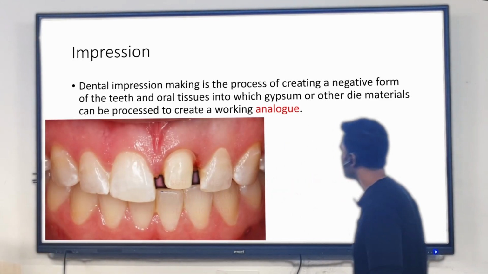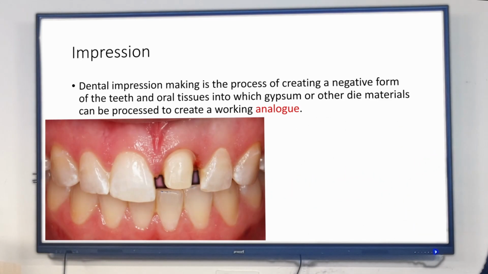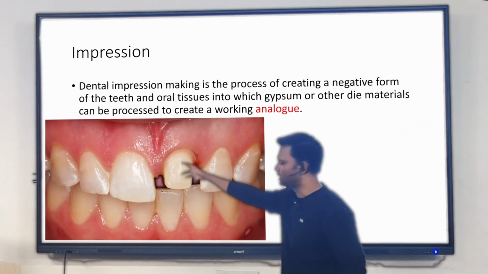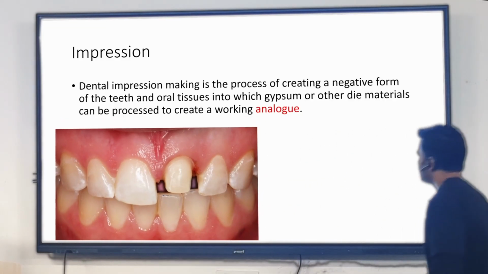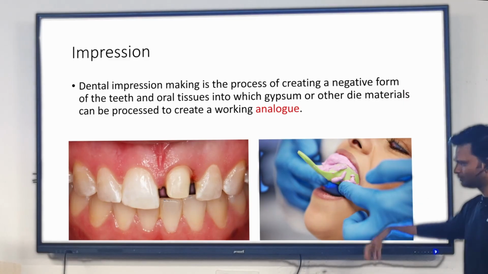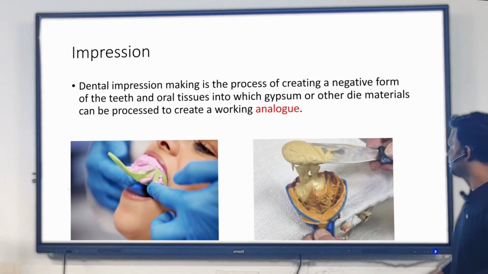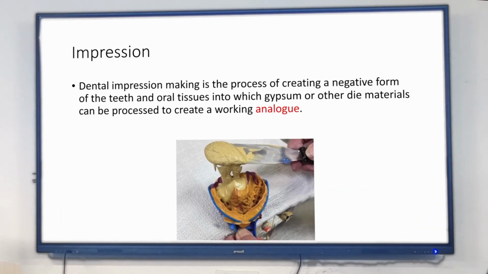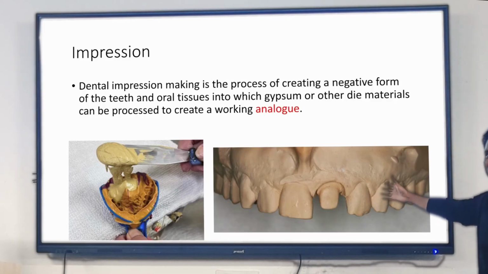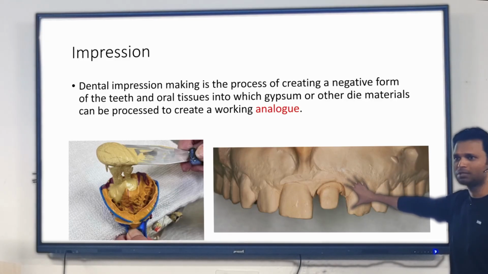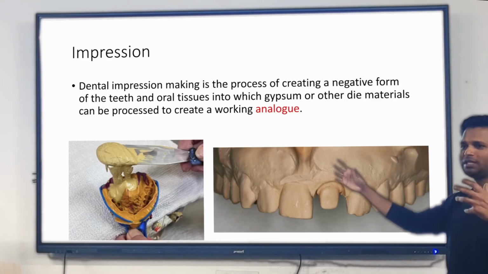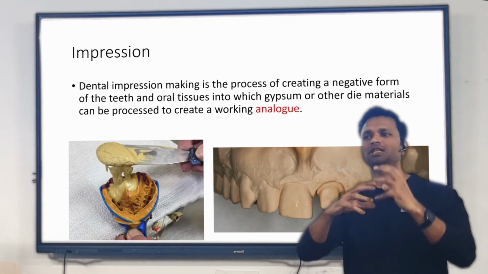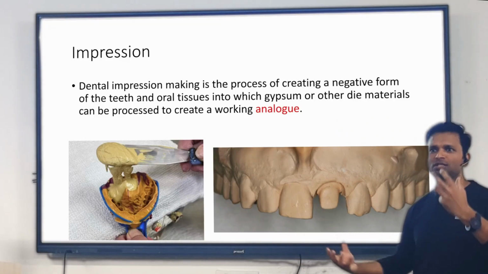So we're going to take an example of the FPD. This is the crown cutting done to receive a prosthesis. So we take an impression. You pour the cast and you create the analog. When the cast comes out, this is the analog, also called the positive replica of the patient's oral cavity.